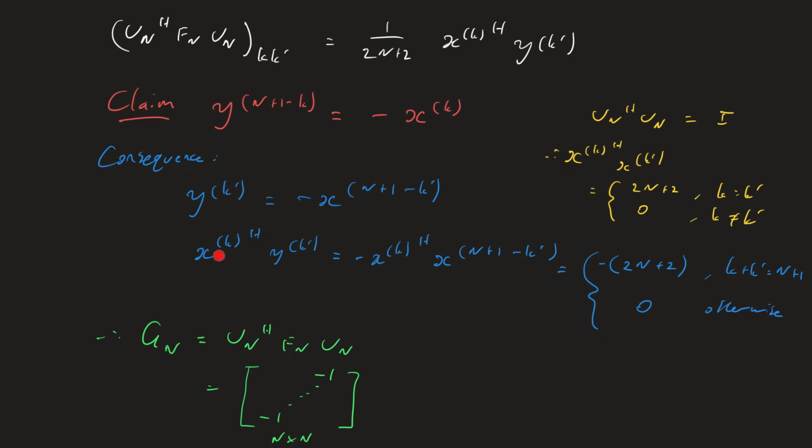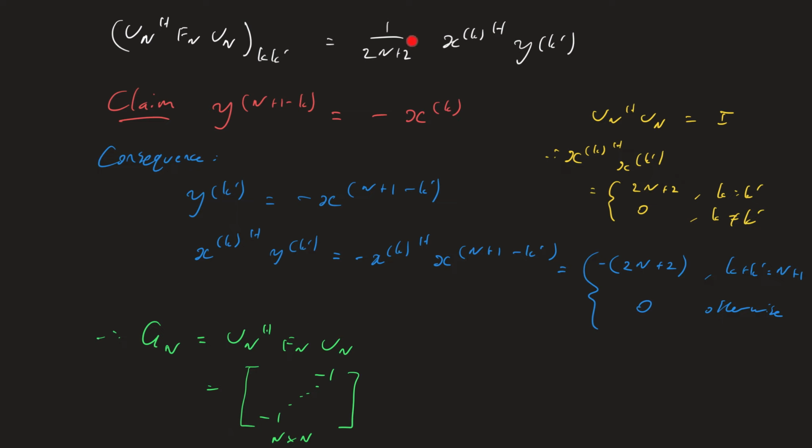We therefore arrive at the fact that x_k Hermitian transpose times y_k' is equal to 0 in general, or if k plus k' is equal to N plus 1, then it's equal to negative (2N plus 2).